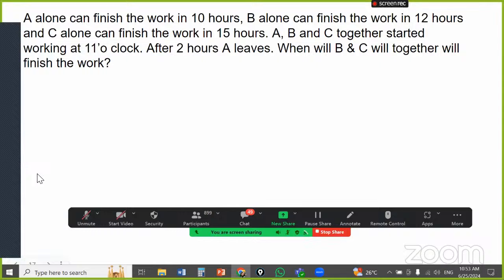Okay, now you can try this one. A can finish the work in 10 hours, B can finish in 12 hours, and C can finish it in 15 hours. So A, B, and C together started working at 11 o'clock. After 2 hours, A leaves. So when will A and B together finish the work?